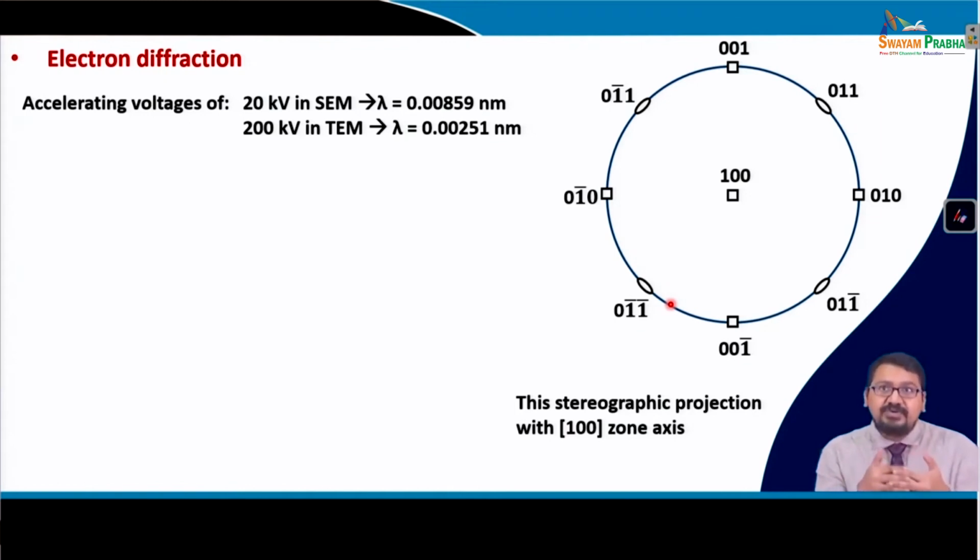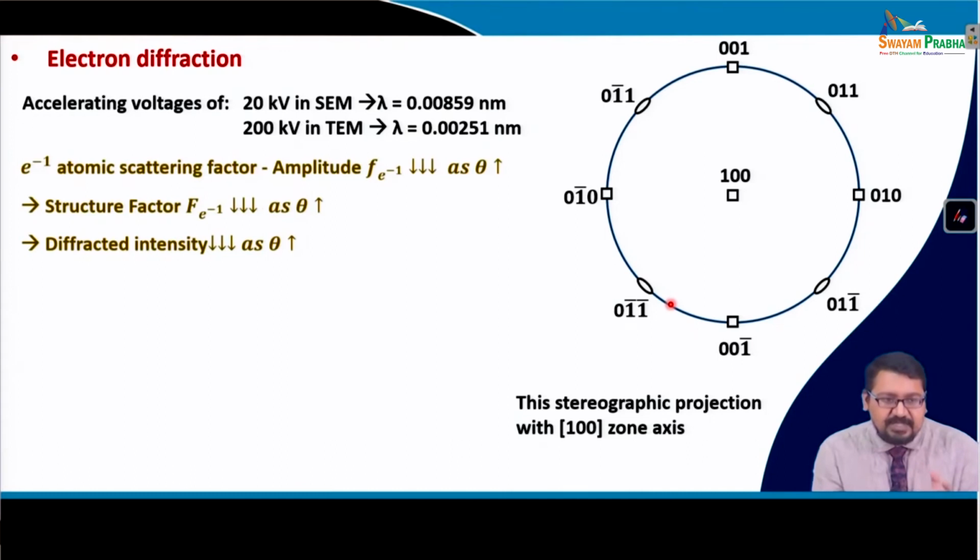And when we look into high resolution transmission electron microscope where the voltage can increase up to 200 kilovolts, we can have lambda, the wavelength of the electron beam, equal to 0.00251 nanometer, for example, for 200 kilovolts. On the other hand, we have also learned that the electron's atomic scattering factor, the amplitude of atomic scattering factor given by small f, always decreases largely as the theta increases.